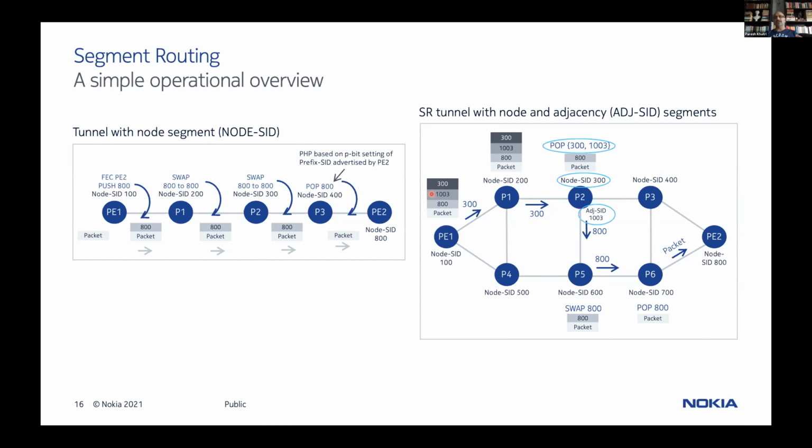It looks at the labels and it acts on them. And by virtue of that, we're able to do traffic engineering between P1 and P2, avoid the P2 to P3 link, send the traffic directly over the P2 to P5 link, and there is no extra state in the network. So that's segment routing in a nutshell.